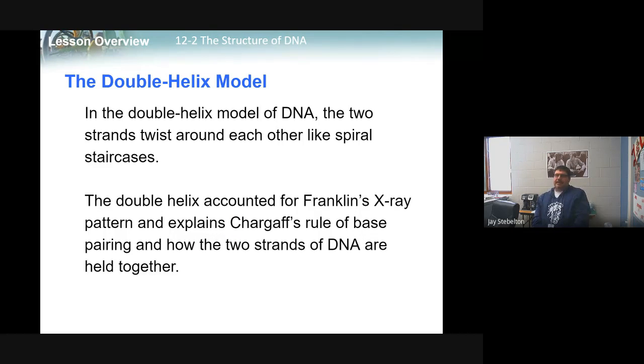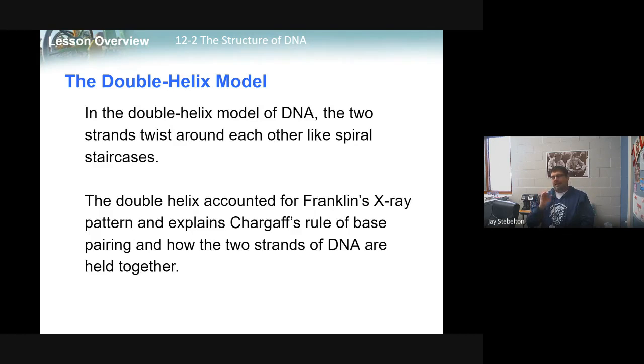In this double helix model, the two strands, like we just showed you, twist around each other like spiral staircases. This double helix accounted for Rosalind Franklin's X-ray and also explains Erwin Chargaff's rule of base pairing.